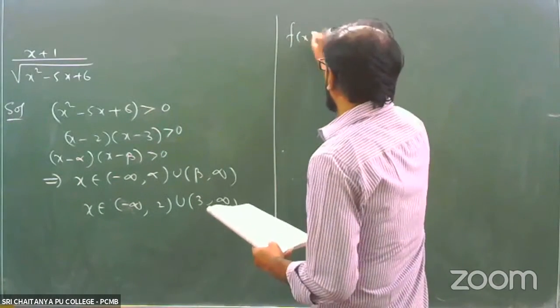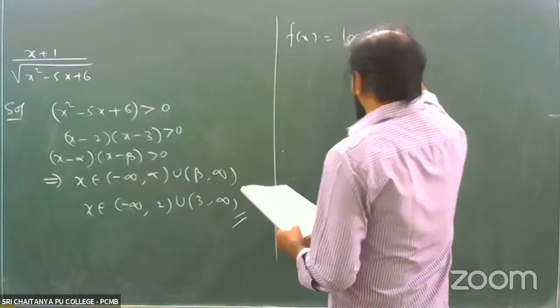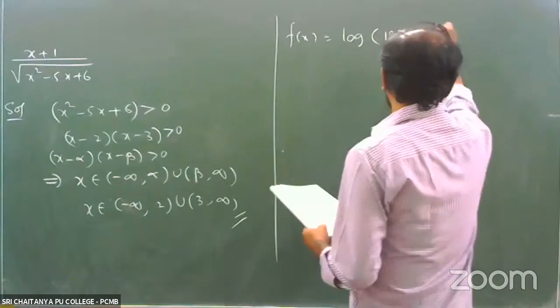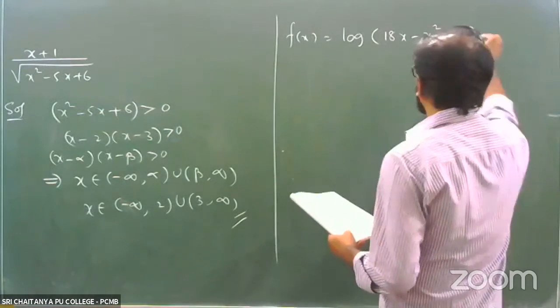Find the domain of f of x is equal to log of 18x minus x square minus 77.